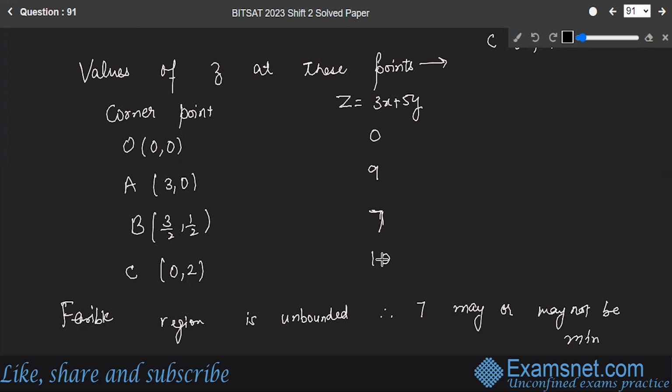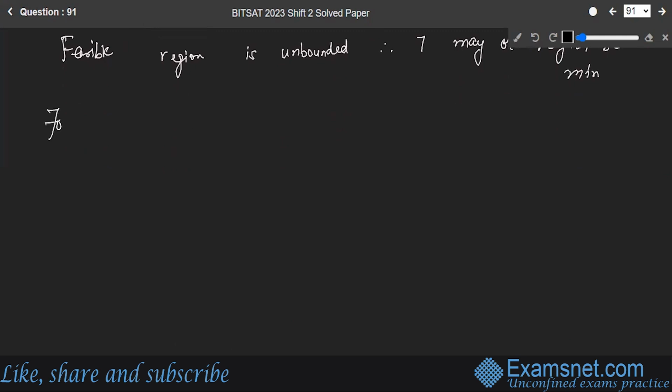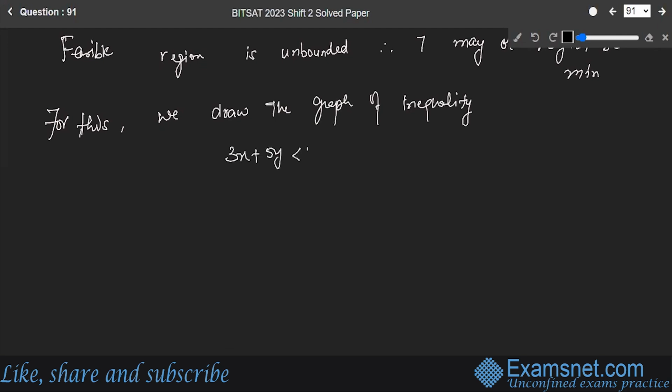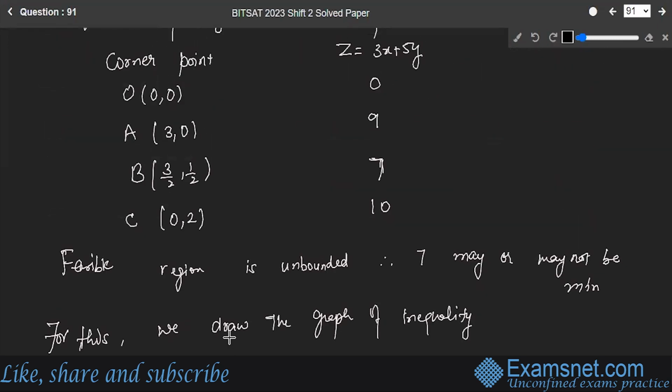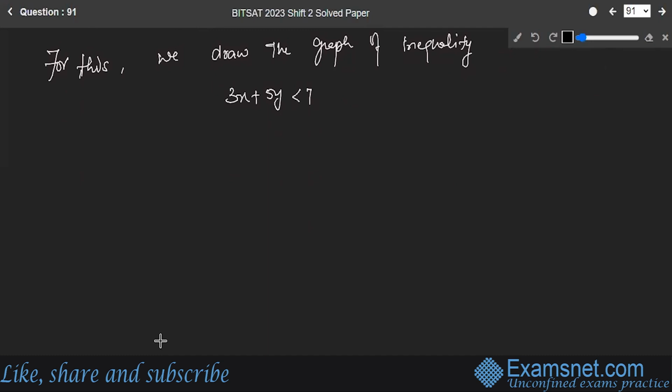For this, we draw the graph of inequality, which is 3x plus 5y is less than 7, because over here you have this as the minimum one. So, and check whether the resulting half plane has points in common with the feasible region or not.